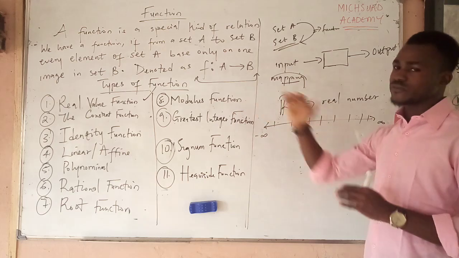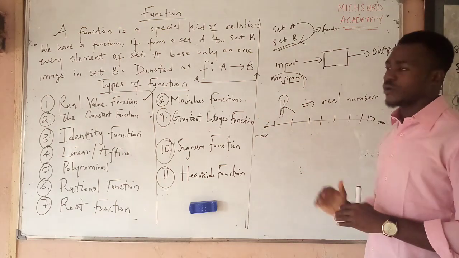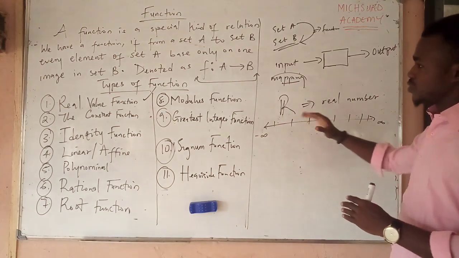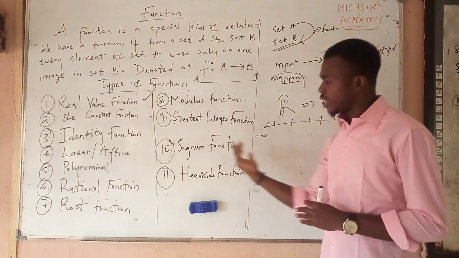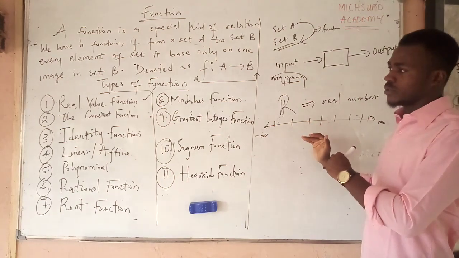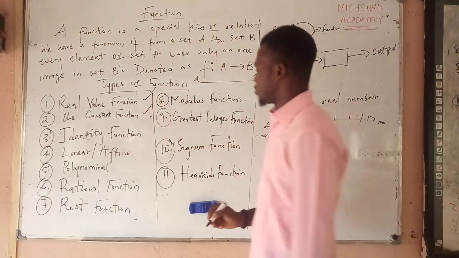So we refer to such functions as real value functions. Are we together? Now, the other types of functions all fall under the real value function. Okay, now let's go to the next one, which is the constant function.